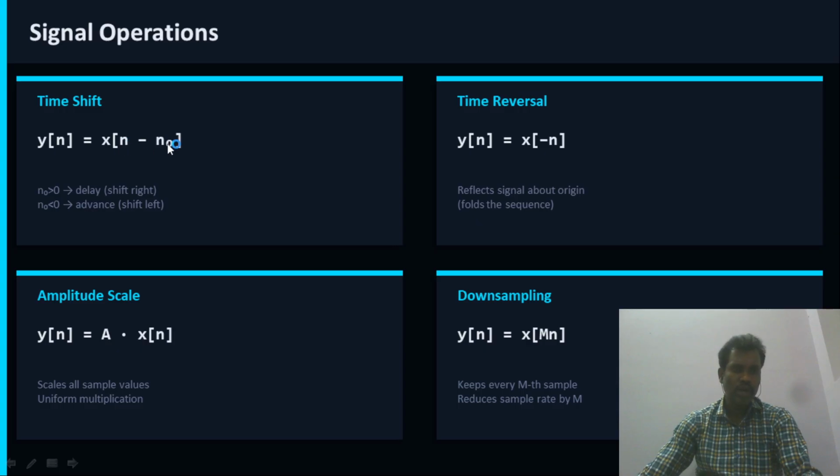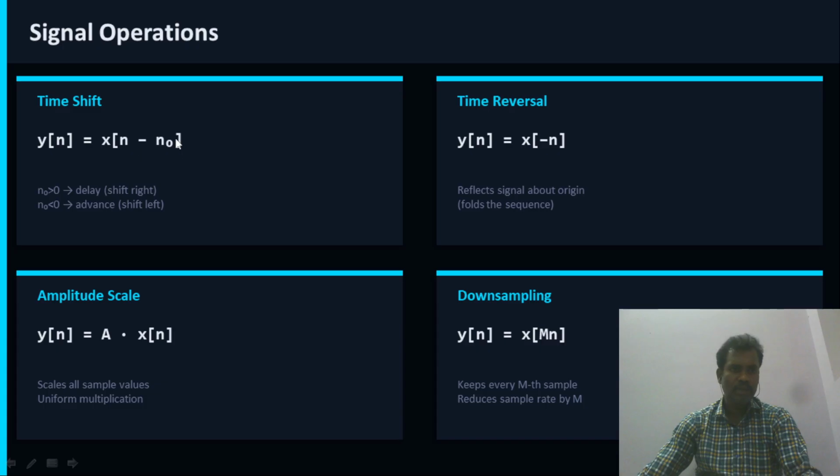N naught equal to 1 means the value which is supposed to occur at n has to occur at 1. So n minus 1 equal to 0 means n is equal to 1. x of 0 should occur at 0, but it is occurring at n is equal to 1. That means delay, the right shifted signal.